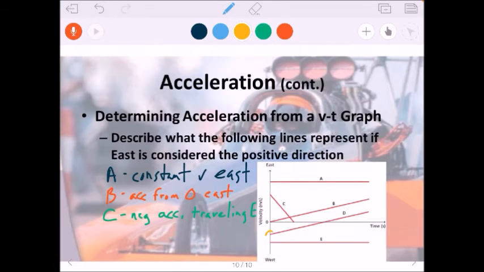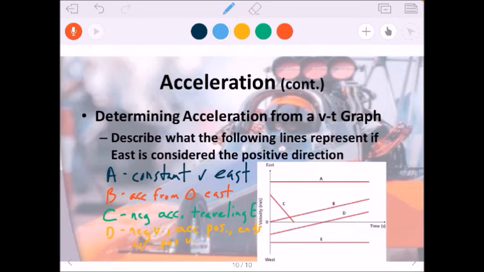D starts on the west side, which is a negative, goes all the way up, eventually hits 0, and then continues on. So D begins with a negative velocity but is accelerating in a positive direction and eventually ends up in a positive direction.